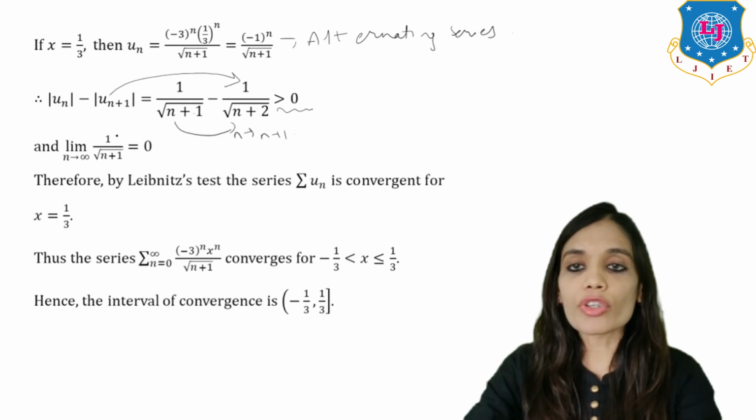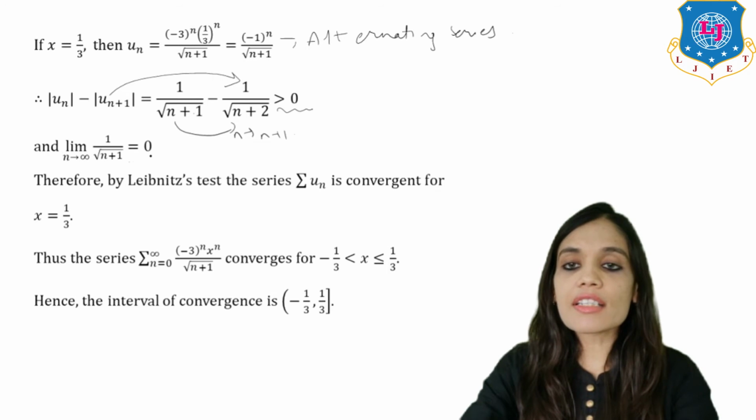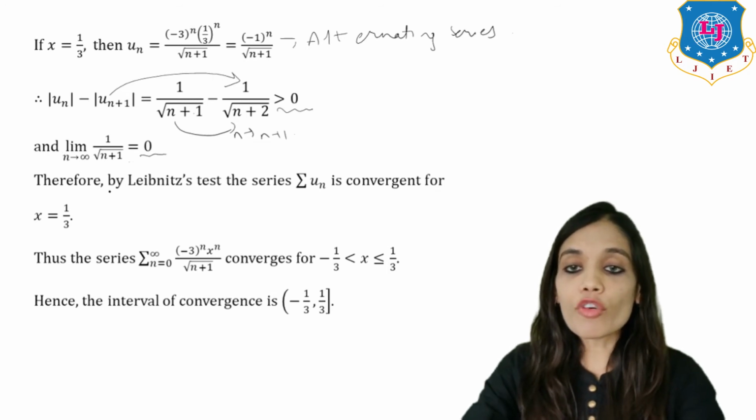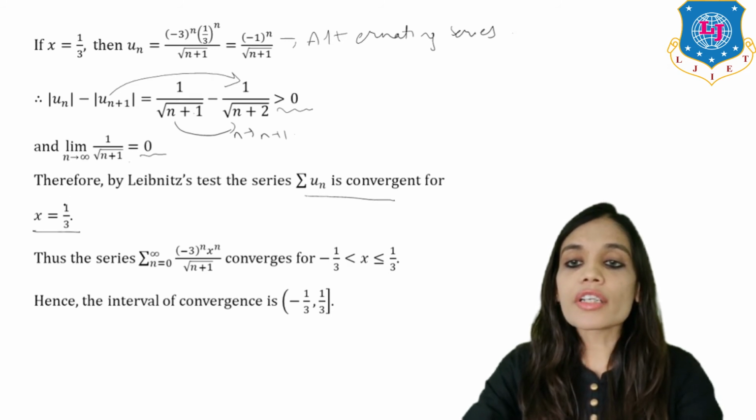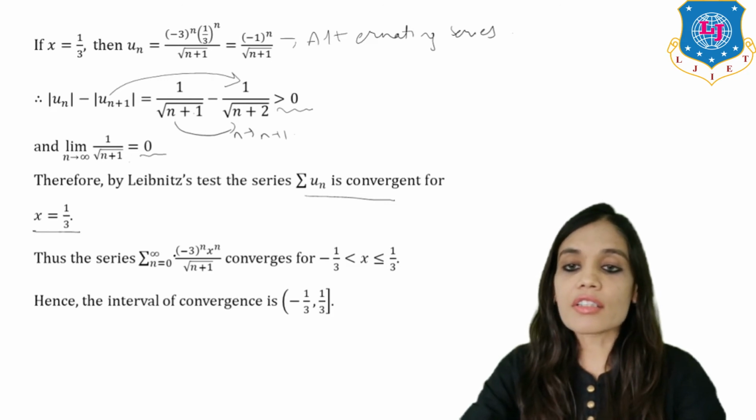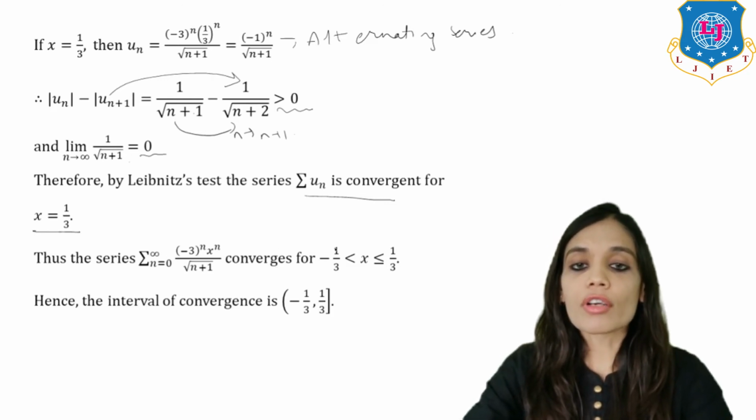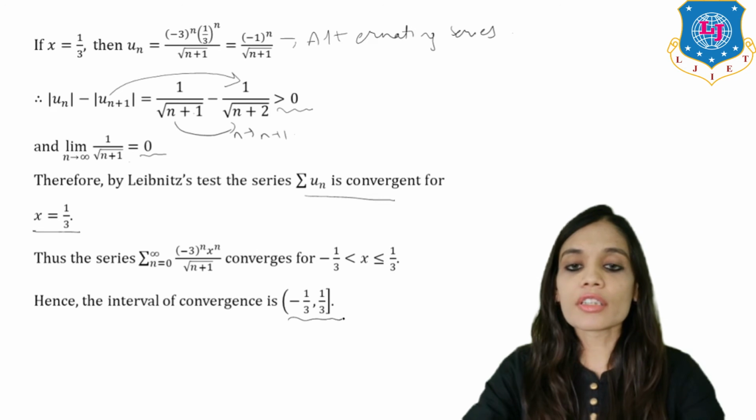So put the value of mod un, that is 1 upon square root n plus 1. So again this limit goes to 0. Therefore, by Leibniz test, we can say that our given series is convergent for what value of x? x equal to 1 upon 3. Thus, the series converges for minus 1 upon 3 less than x less than or equal to plus 1 upon 3. Hence, our interval of convergence is minus 1 upon 3 to closed 1 upon 3.